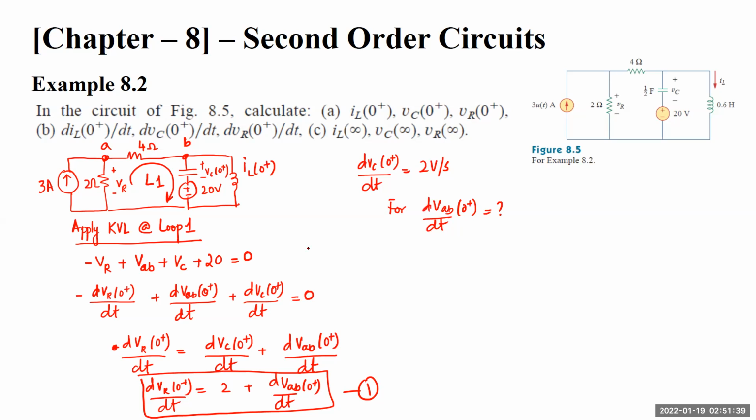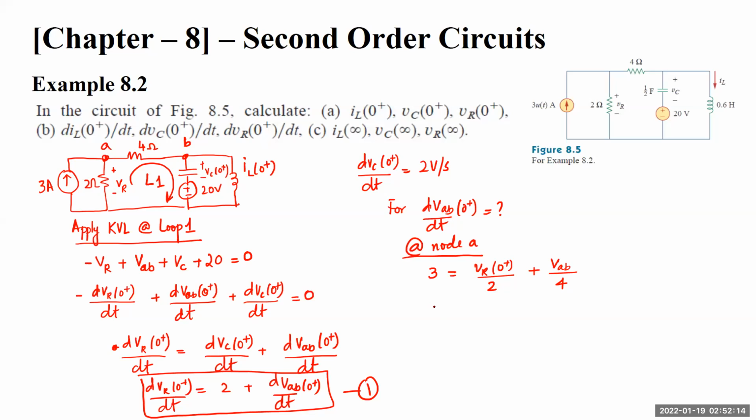So we can use node A. At node A, we can simply do the current analysis. So we have 3 amperes entering, and the leaving is VR 0 positive divided by 2 plus VAB divided by 4. So this is the equation we have.